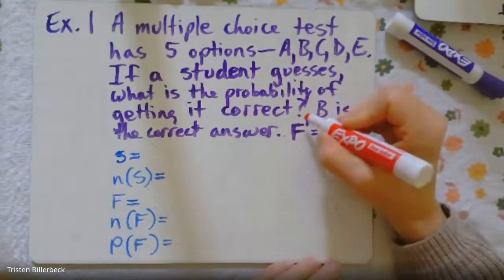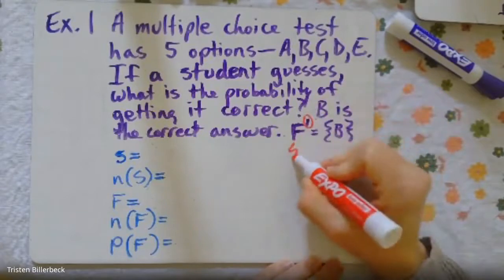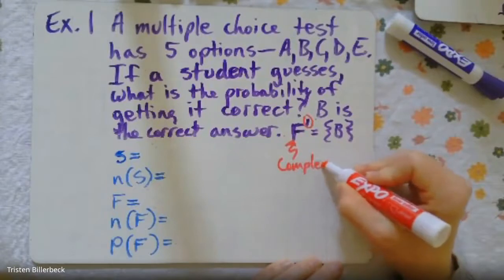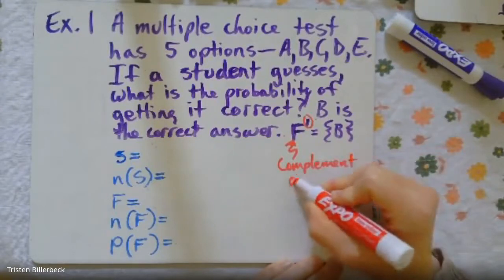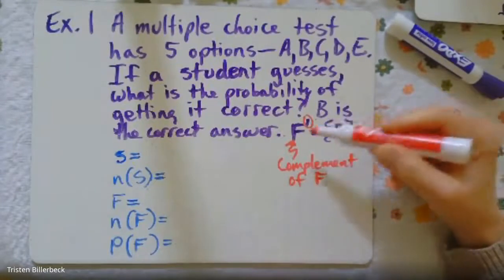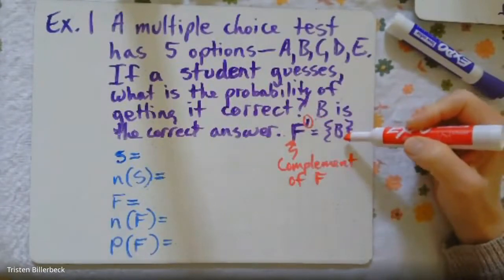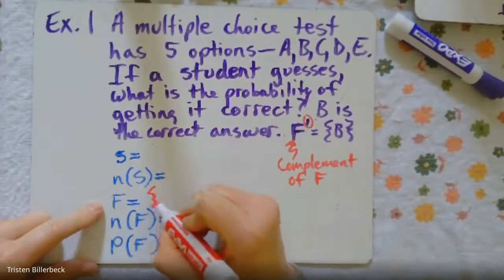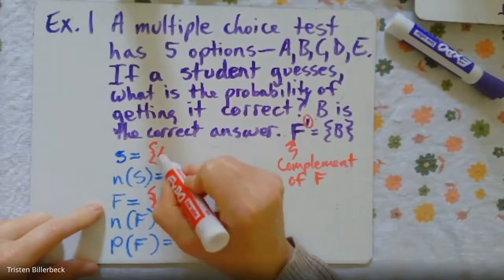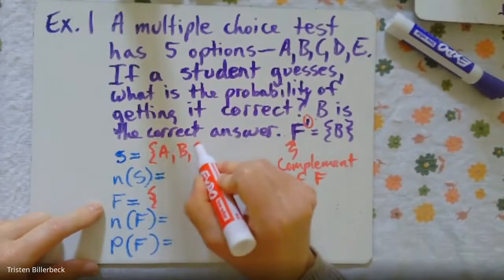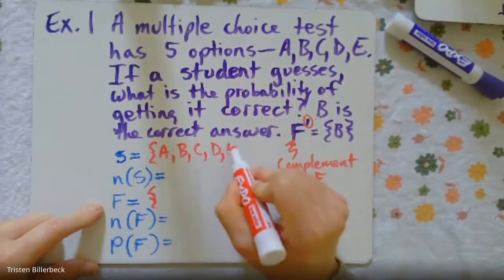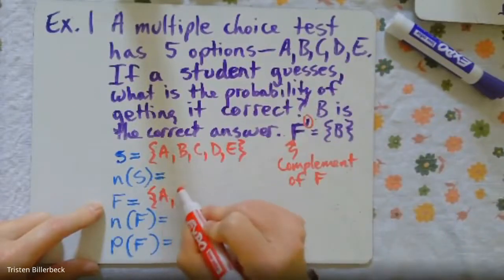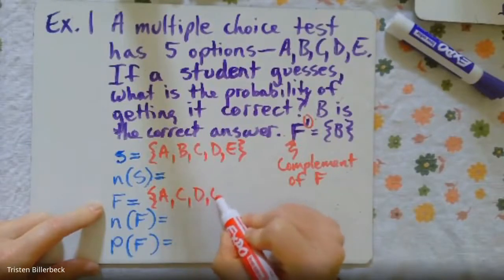Notice there is a prime here, so that means the complement of F. So the complement of F is the correct answer, B. So that means that if the sample space up here is A, B, C, D, and E, then F is A, C, D, and E.